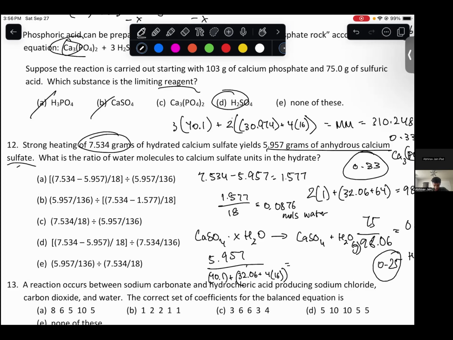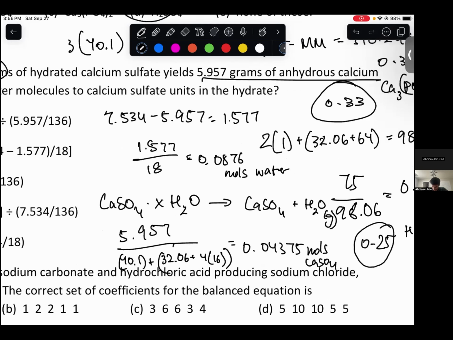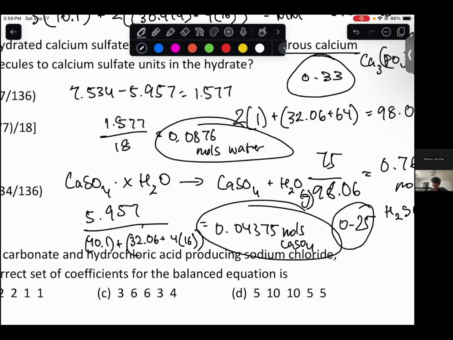That's going to be 45.1 plus 34, 5.957 divided by that. It's going to be 0.04375 moles CaSO4.